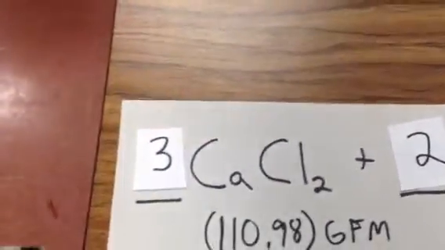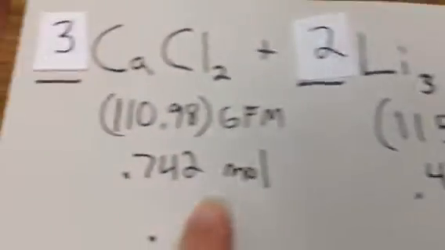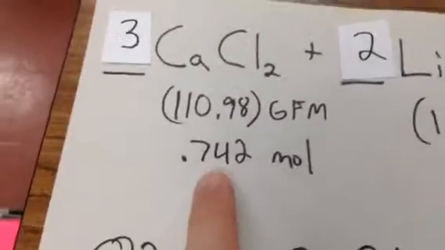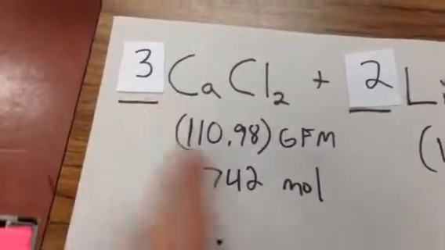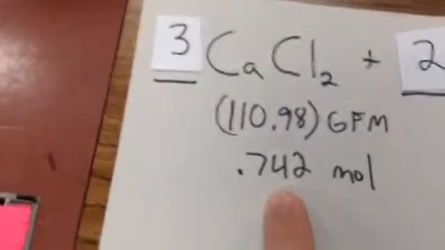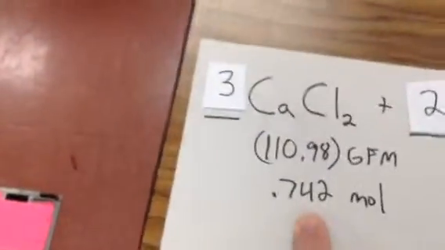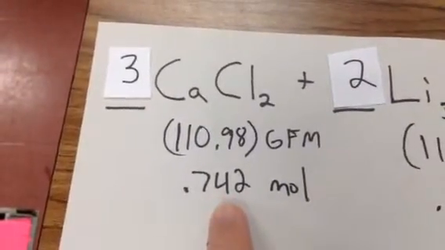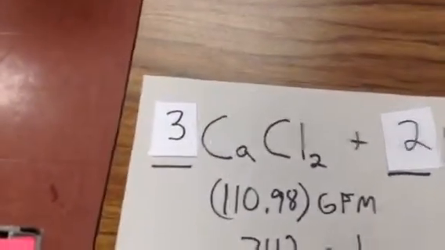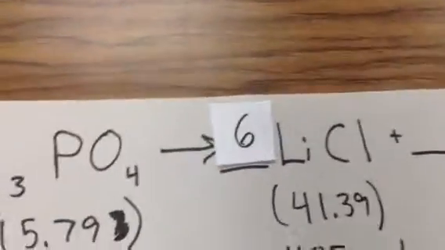Okay, so now I have the moles of this substance, and I have my ratios, so I can figure out all the other moles without doing anything except my little algebra. So I take 0.742 equals 3x, so I divide that by 3, and that gives me 0.247. Okay, so I know that 0.247 equals x.